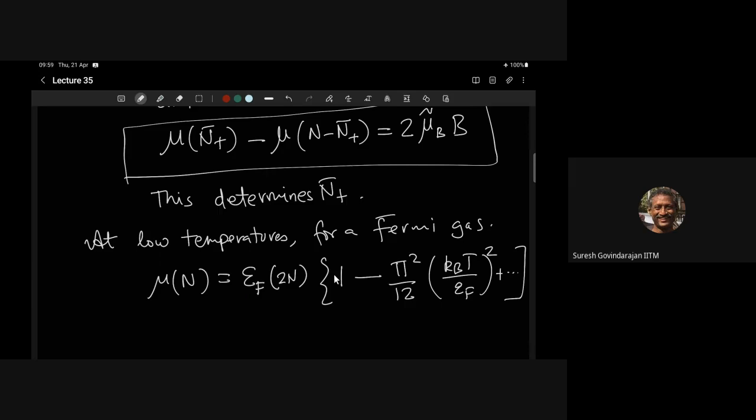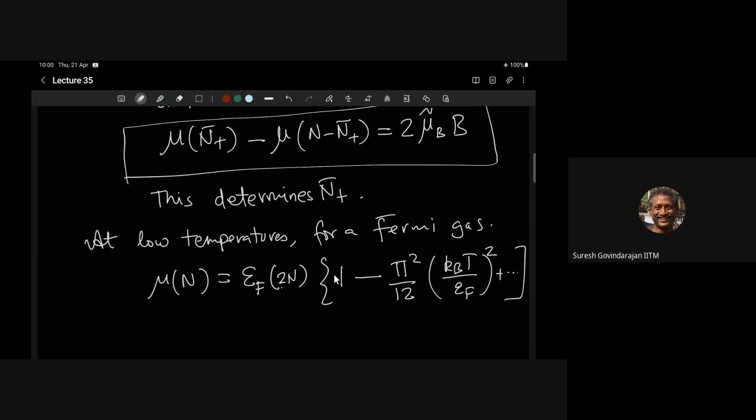I'm slightly puzzled why he has put in the book there's a 2n, but here's a formula. So let's look at this. Yeah.